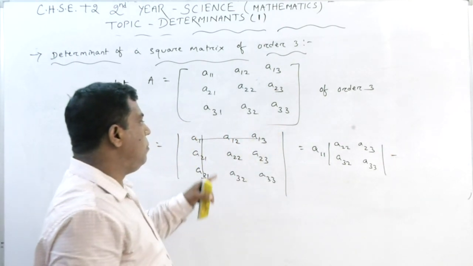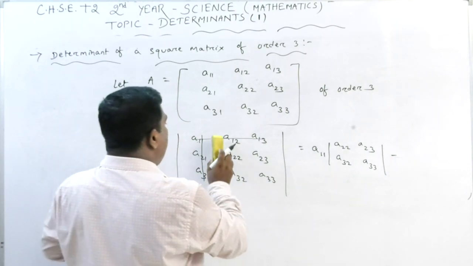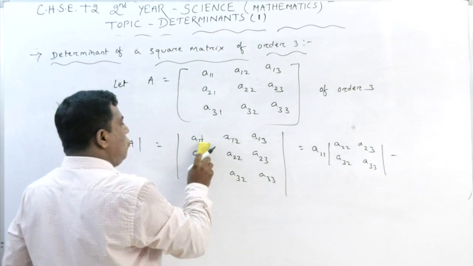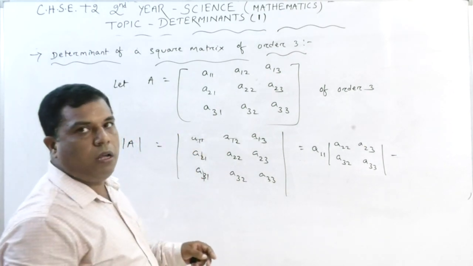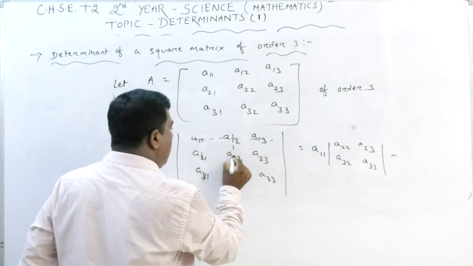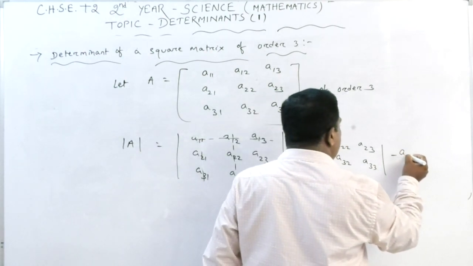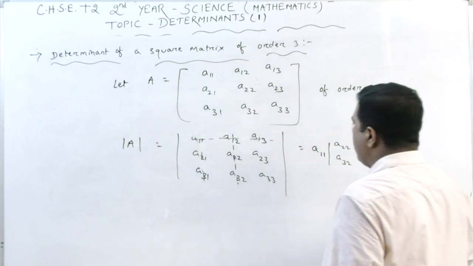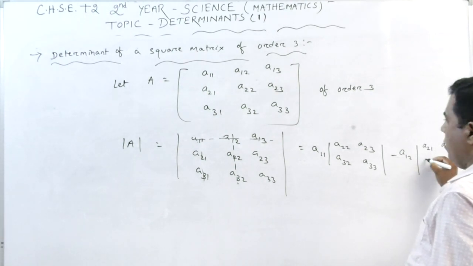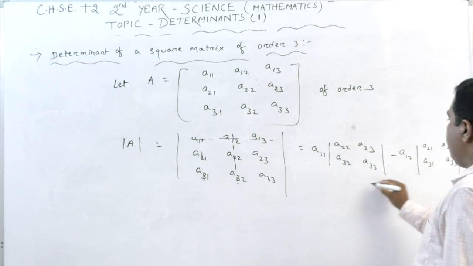Now next come to the second element, that is minus, and for your information, again we have to eliminate the row and the column where it is present. So we eliminate this row and this column. Now what is remaining? A12 multiplied with A21, A23, A31, A33. Again plus.